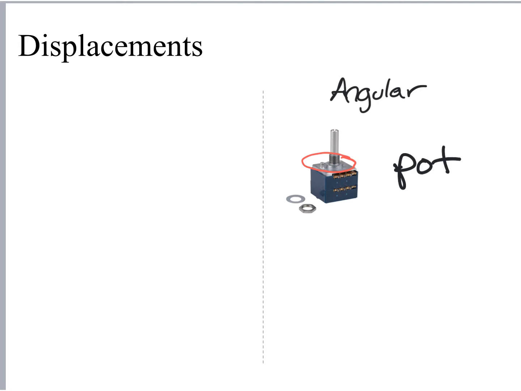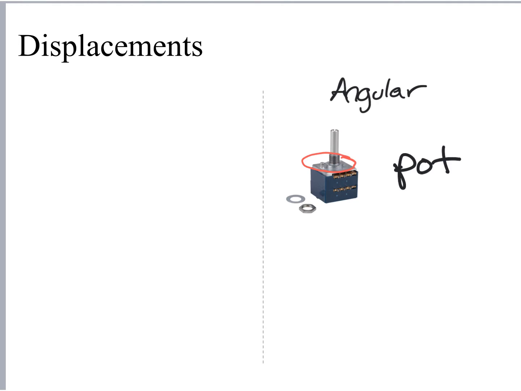And then you'll also see that there's a small pin here, which acts as a key to make sure that the potentiometer base doesn't turn. The stem of the potentiometer then can go to the other part of your device that's going to be rotating, and you can allow this thing to have some relative angular motion and measure that motion.